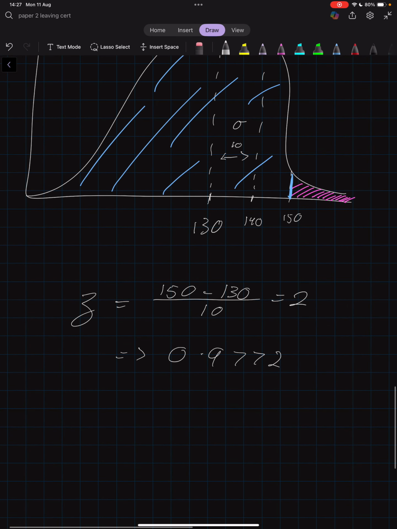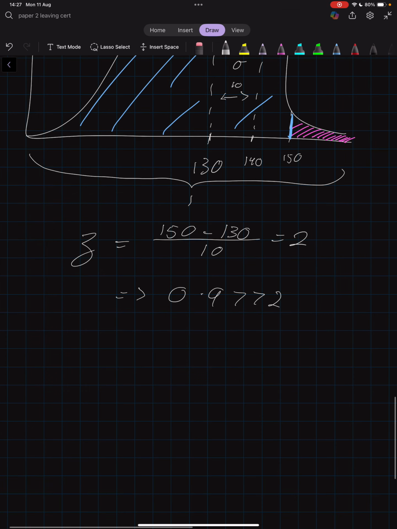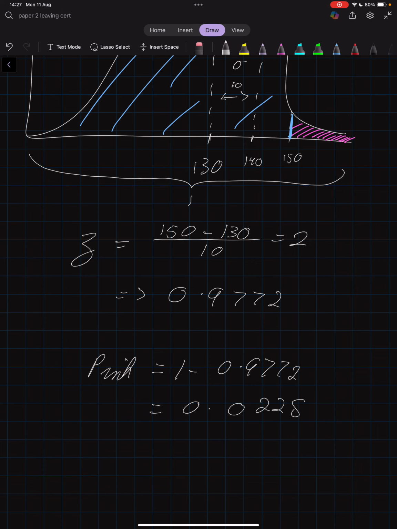So basically this tells you that the whole thing up here is equal to 1. The blue stuff is equal to 0.9772. So the pink then is equal to 1 minus 0.9772, so it's equal to 0.0228.